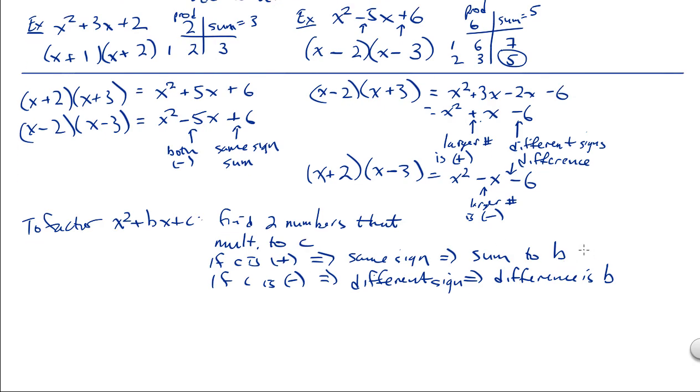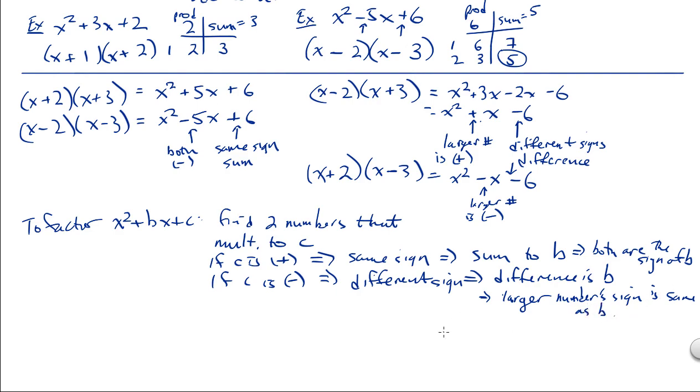So in the case that c is positive, then both are the same sign as b. And in the case that c is negative, then the larger number's sign is the same as b. That's a little algorithm if you like.